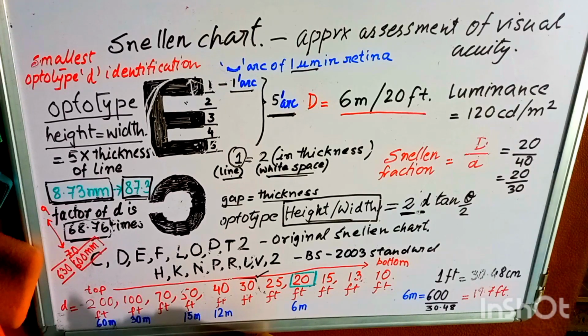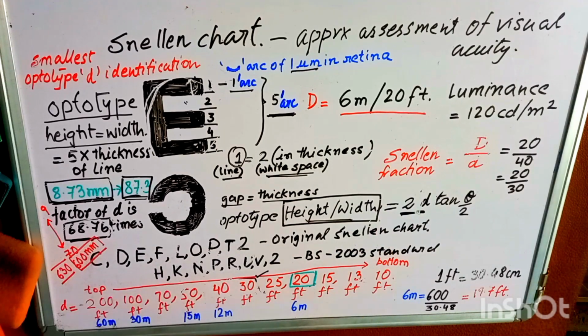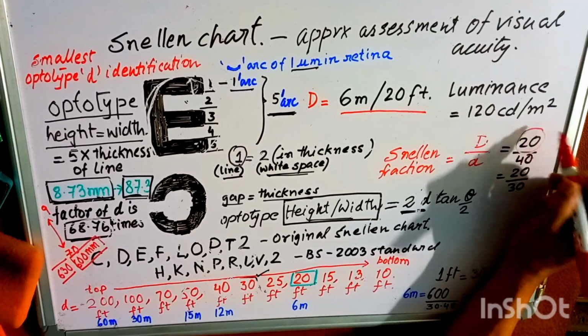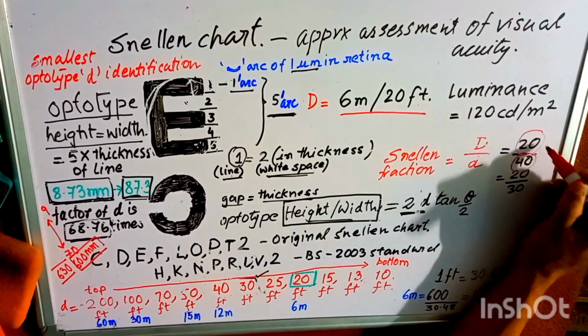If a subject stops at a line, by definition this line is an optotype of a particular normal-eyed vision. If he stops at line 4, and line 4 is a 40 feet optotype, then the subject cannot read a 40 feet optotype sitting at 20 feet. So the Snellen fraction is 20 by 40.